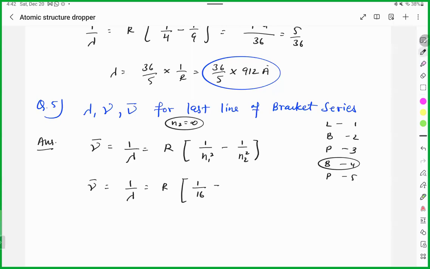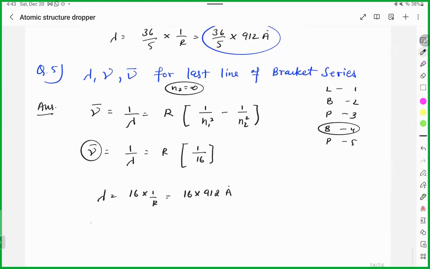So 1 by infinite is 0. So this is the answer for the first part, wave number. Wavelength is the reverse: 16 into 1 by R, or 16 into 912 angstrom. Done.